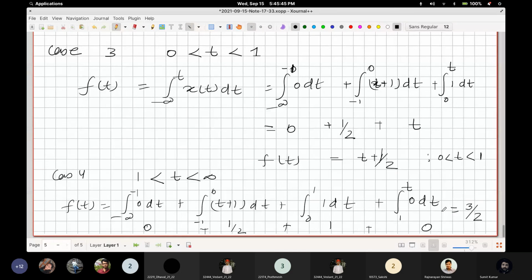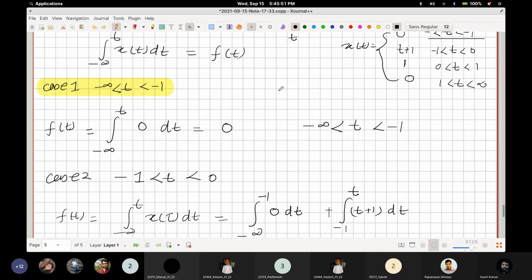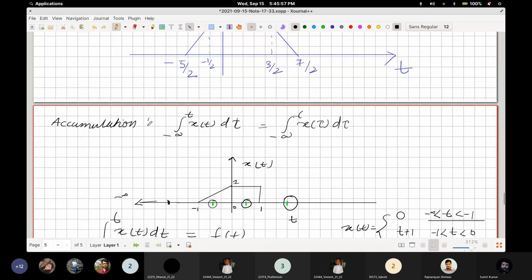So this function ft, which is equal to the integral from minus infinity to t of x(t) dt, is equal to 0, and then t plus 1 whole square divided by 2, and after that t plus half, and after that 3 by 2.